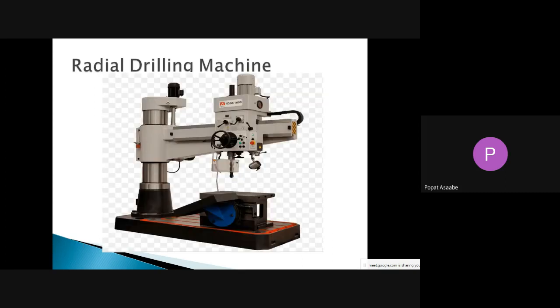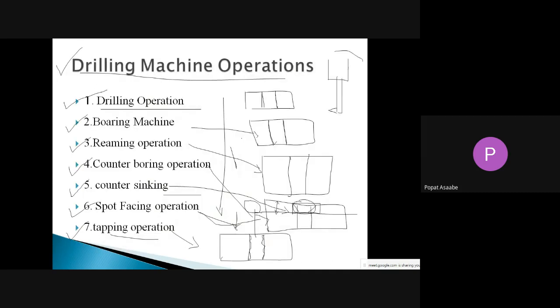Also we have seen drilling machine operations: drilling, boring, reaming, counter boring, counter sinking, spot facing, and tapping. That many operations we can easily carry out on the drilling machine.